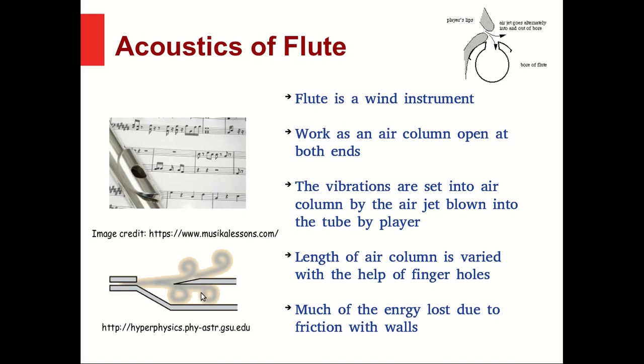But the air that enters into the flute is of a spiraling or swirling nature. So, when a player blows air inside the flute in this way, packets of forceful air enter into the body of the flute. You can see these are the pressure packets.